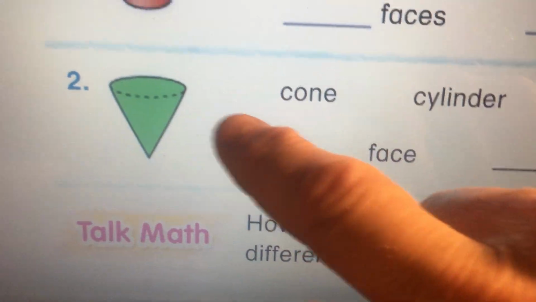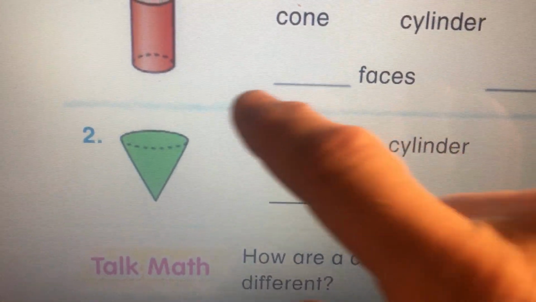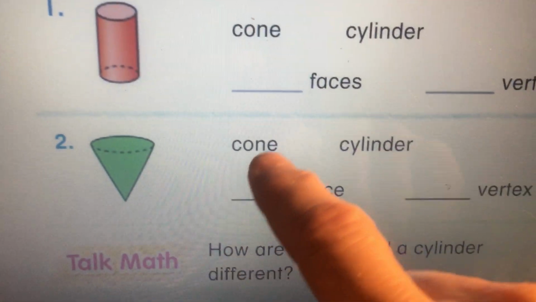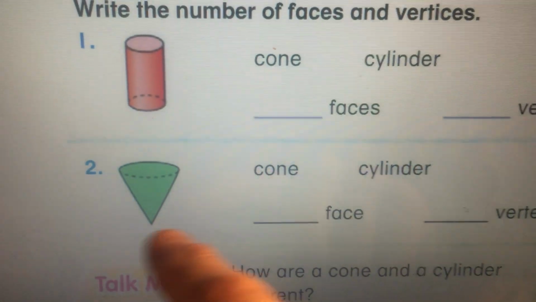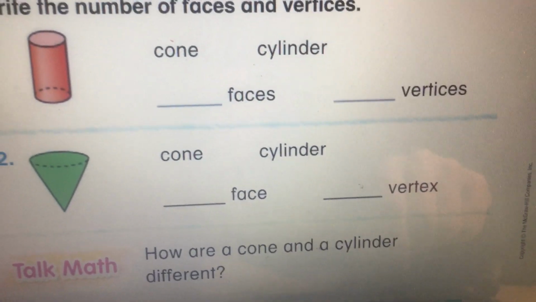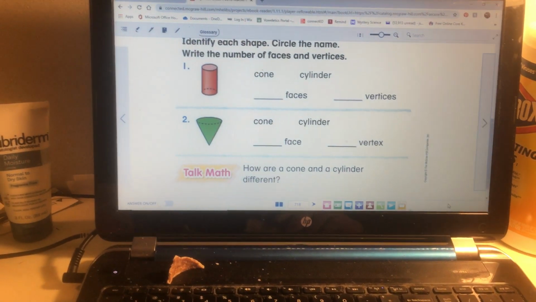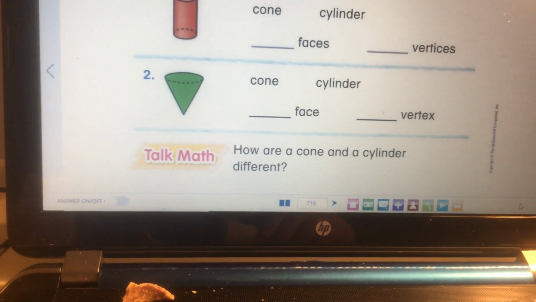How do you spell cone? C-O-N-E. The E gives its power to the O. Circle cone. How many faces are on the cone? Just the one at the top. Put a 1 there. How many vertices are on the cone? Just the one on the bottom. Put a 1 there. All right, so thank you for following along with this introduction to cones and cylinders.